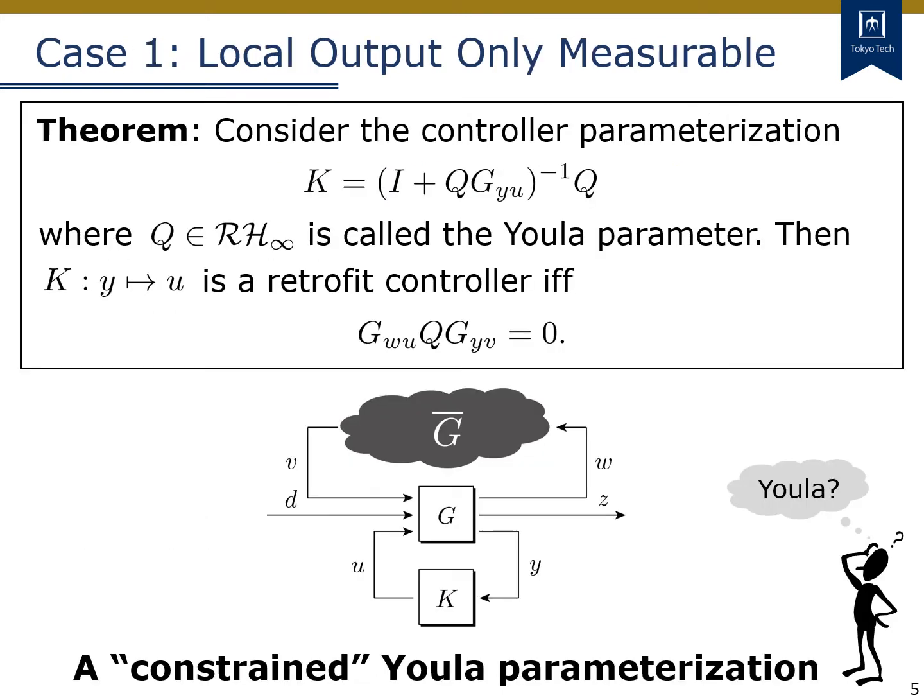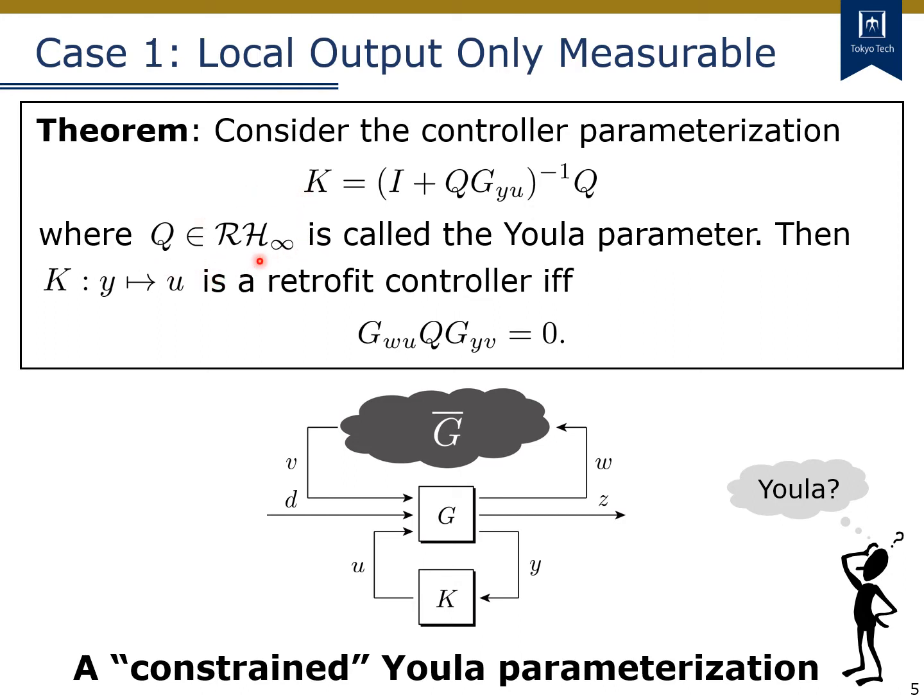Okay, let's first consider case 1. The main theorem in this case is as follows. Consider the controller parameterization of K like this, where Q is called the Youla parameter, which is a proper and stable transfer matrix.